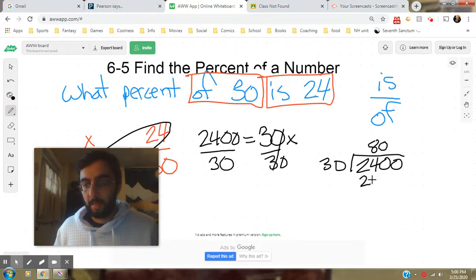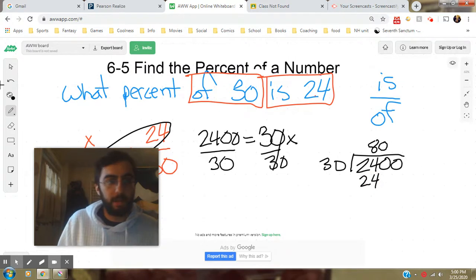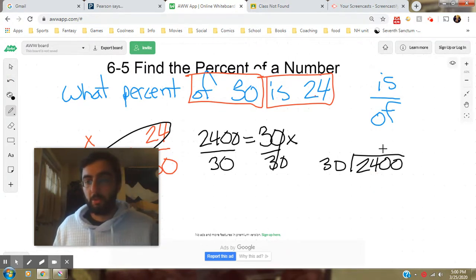Or sorry, that's incorrect. Whoops. 30 is going to go into 240 8 times. So 8 times 3 is 24 with the 0. And we have 0 left over. We bring down a 0. 30 goes into 0 times. And we're all good to go.